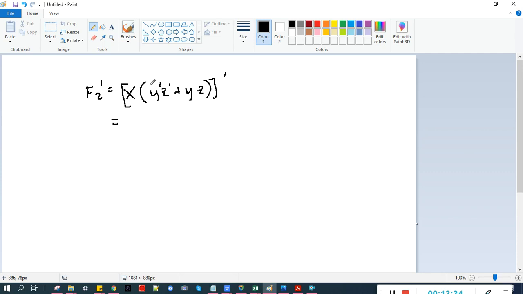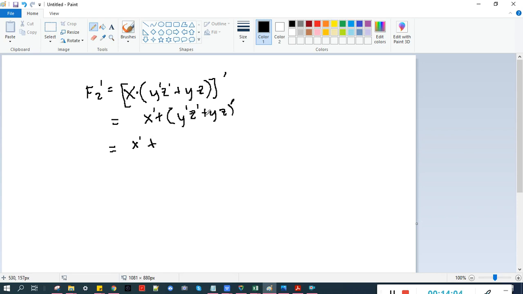The complement of f2, applying De Morgan's, we start with this whole quantity. So instead of AND, we use OR. Instead of x, it becomes the complement. Then copy the expression and we take the complement of that. So copy x prime, then the complement of this by using De Morgan's theorem.